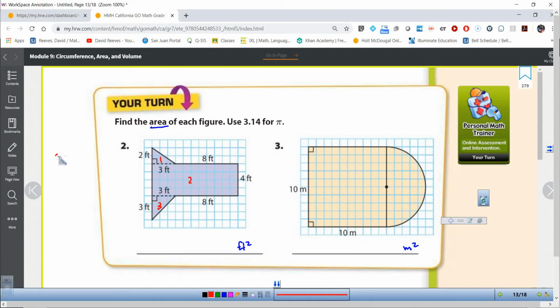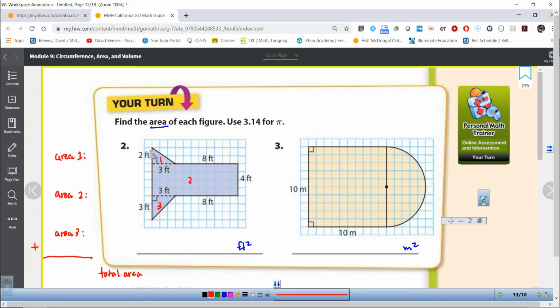So I'm going to find the area of 1, then I'm going to find the area of 2, and then I'm going to find the area of 3, and when all is said and done, I'm going to add all those together, and when I'm done, that will give me the total area. Okay, I hope that makes sense to you.